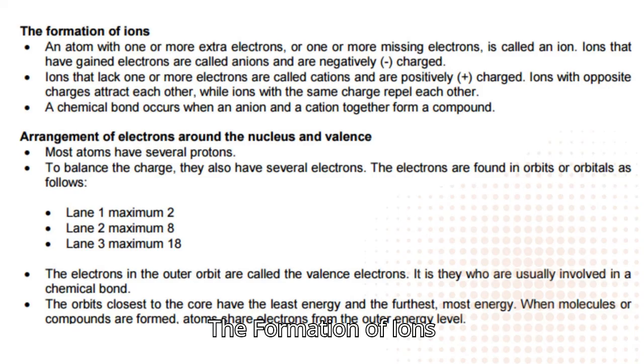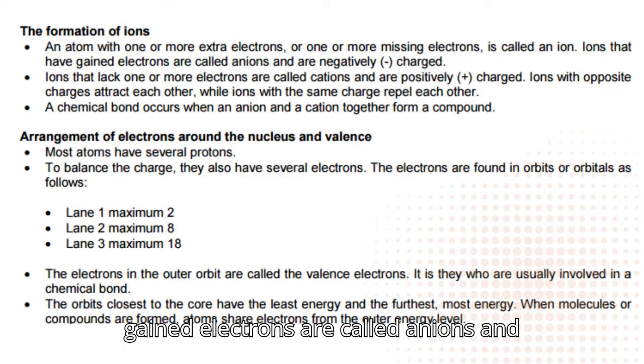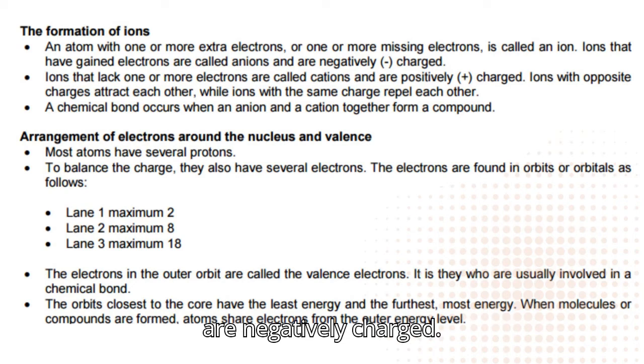The formation of ions. An atom with one or more extra electrons, or one or more missing electrons, is called an ion. Ions that have gained electrons are called anions and are negatively charged.